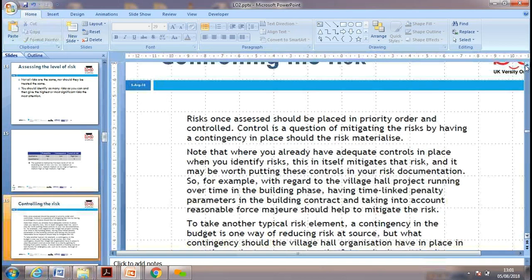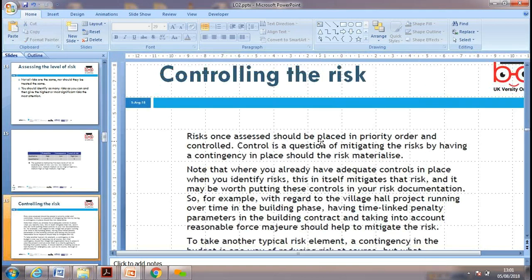So control the risk: can we control it? Yes. How can we control the risk?